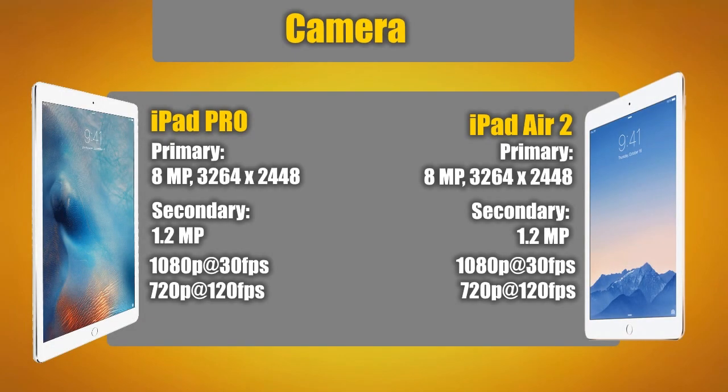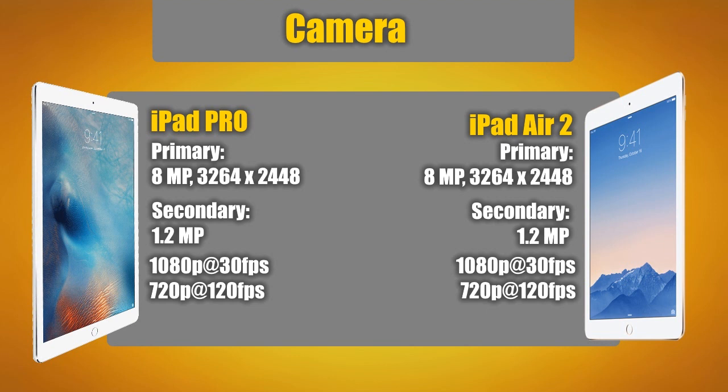Next we'll move over to camera. The iPad Pro has a primary camera of 8 megapixels, 3264 by 2448, whereas the iPad Air 2 has a primary camera of 8 megapixels, 3264 by 2448. So same camera behind.